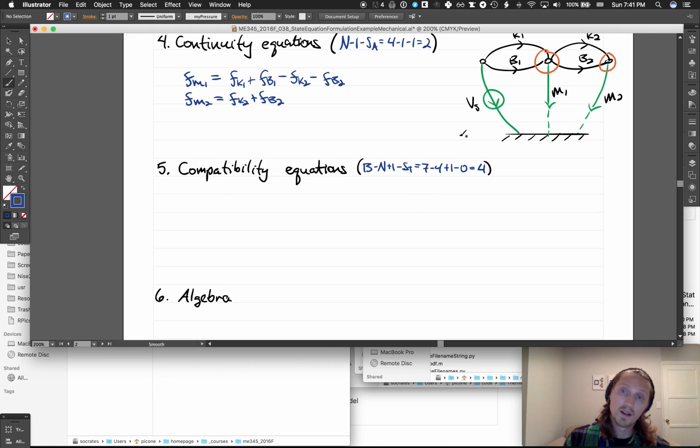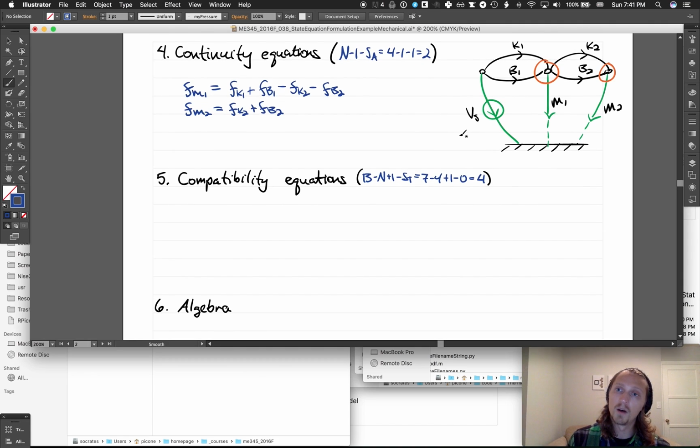But once again, all we needed to do is count the number of links that we have, the number of elements that are not in the normal tree. So if K1, B1, K2, B2, so we need to write a compatibility equation for which we solve for the across variable across the link that we include into the normal tree to form a loop.